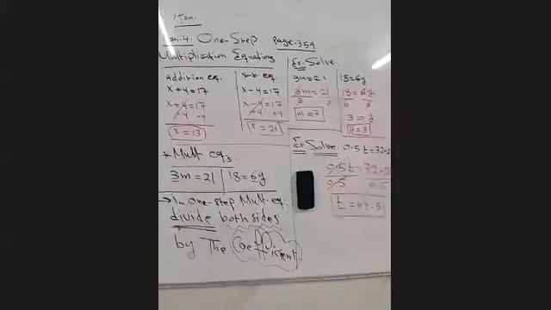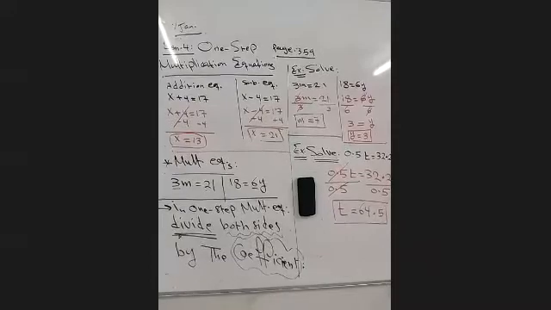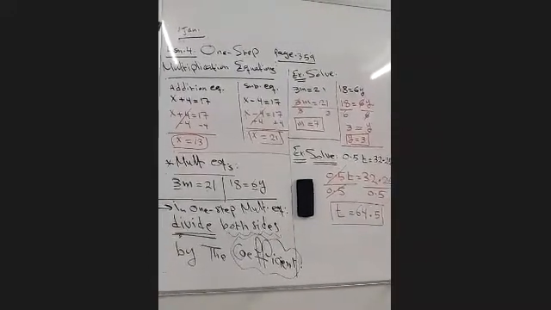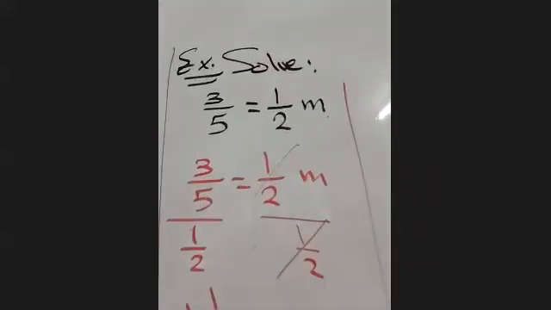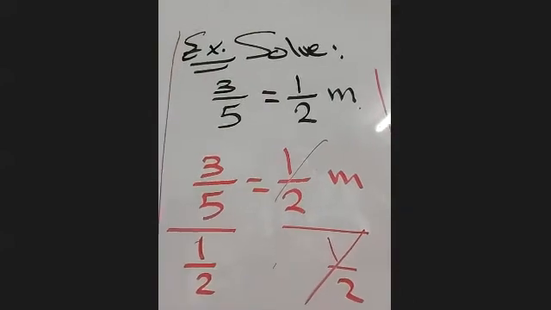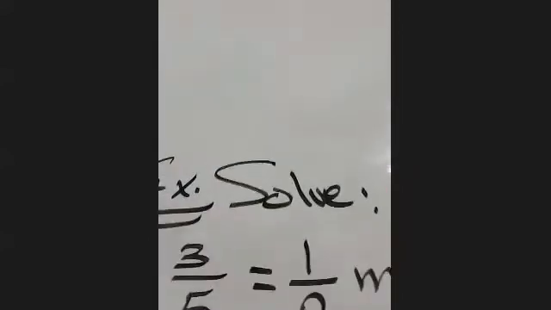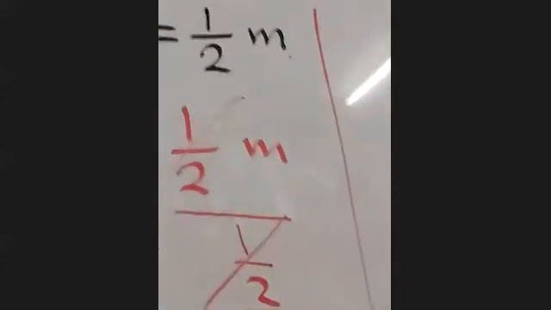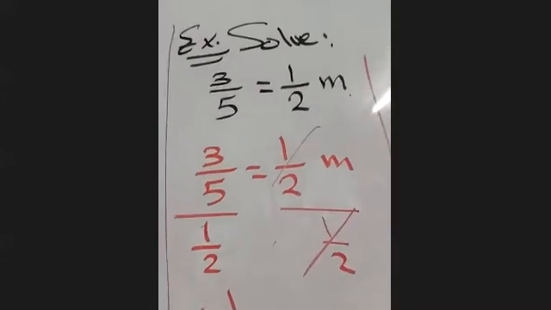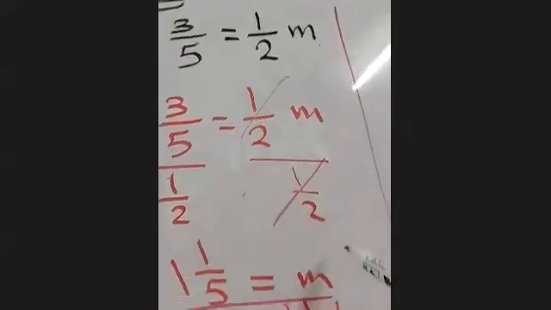Omar. Mr., I understand everything, but I don't understand the fraction. Where is the coefficient? The coefficient is 1/2. Divide by 1/2 on both sides, right? These are gone. Still what here?